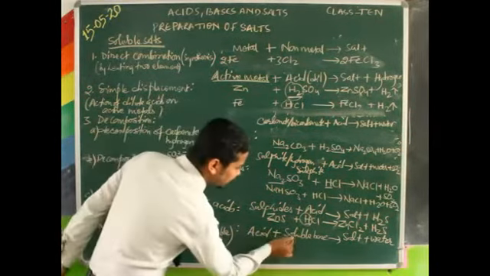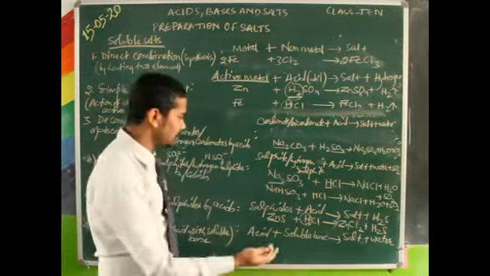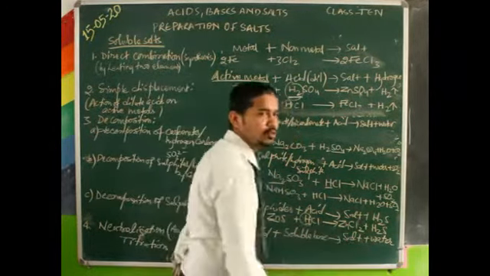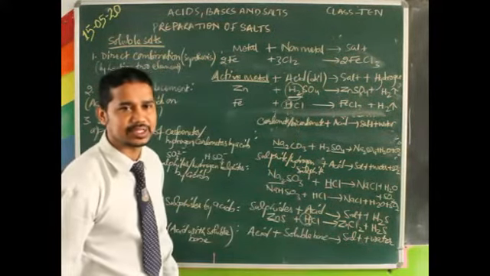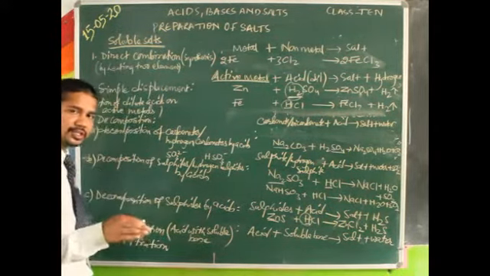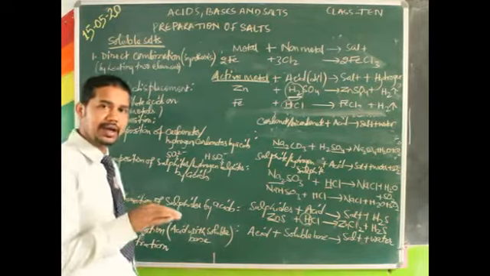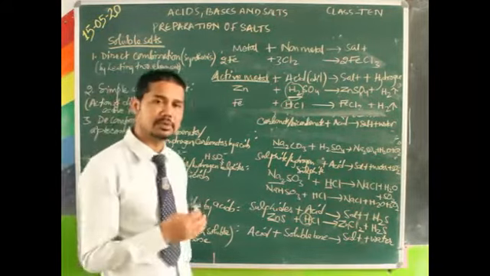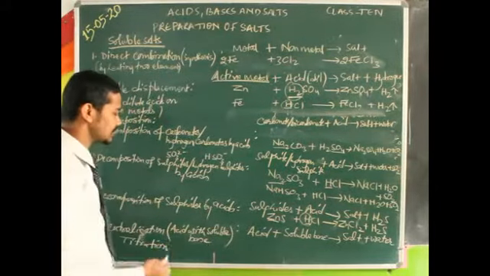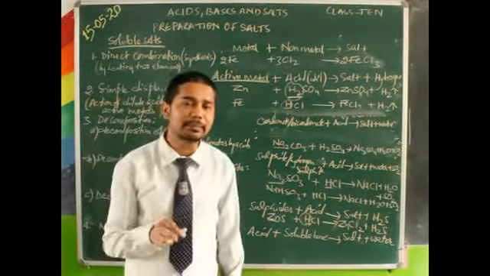But if the base taken is soluble, or alkali, then we will get soluble salt plus water, and the process is called titration. So what is titration? Titration is neutralization of acid with soluble base.